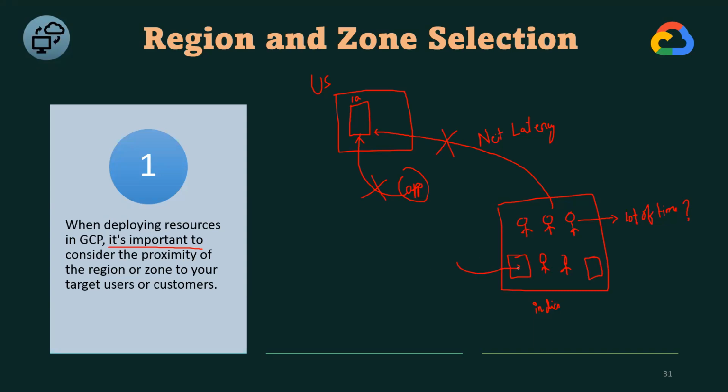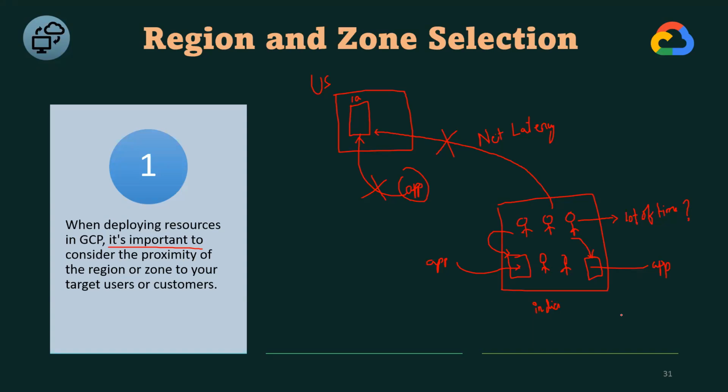When you deploy your application in New Delhi or Mumbai, your application is near your target users, so they can easily connect to it. Due to that, the network latency is very low, and they can connect within a few milliseconds. So this is the very important point: deploy your application near your target users, near your zone or region.